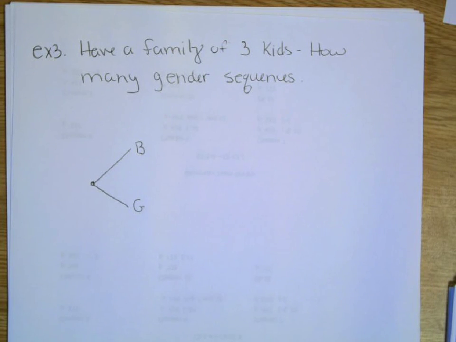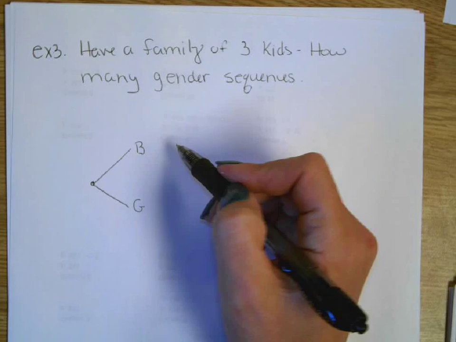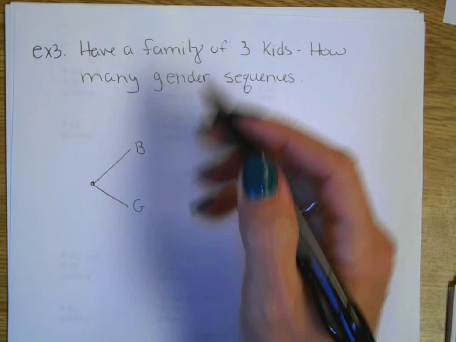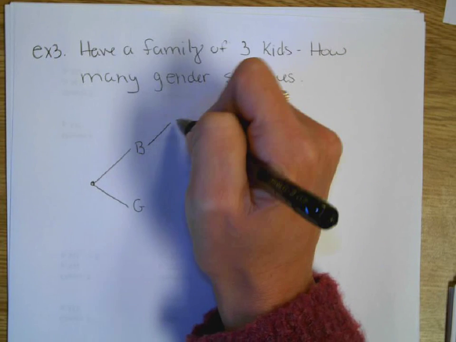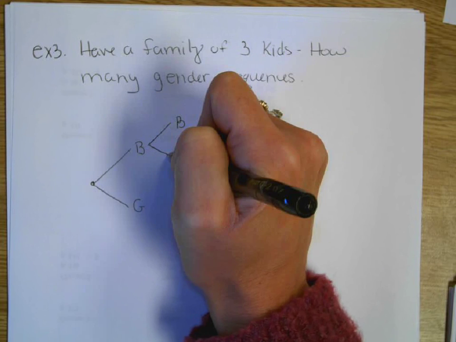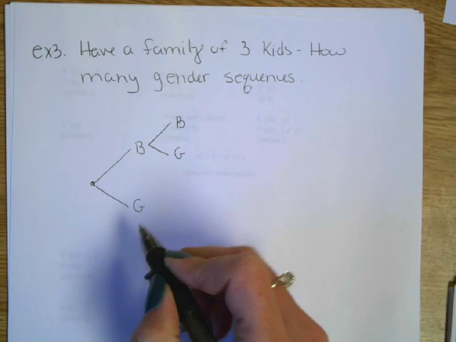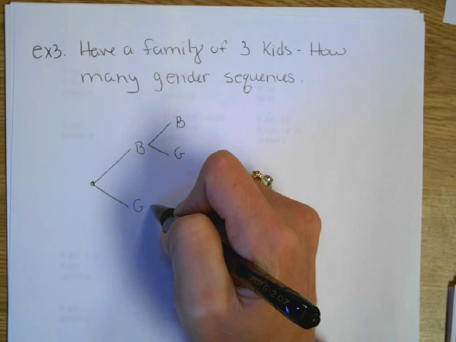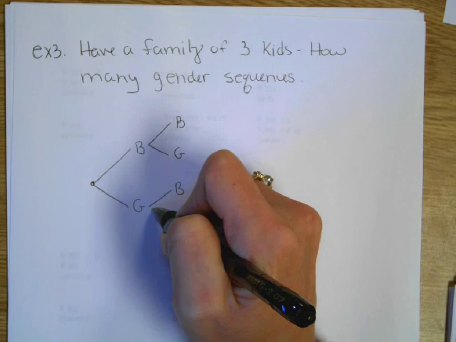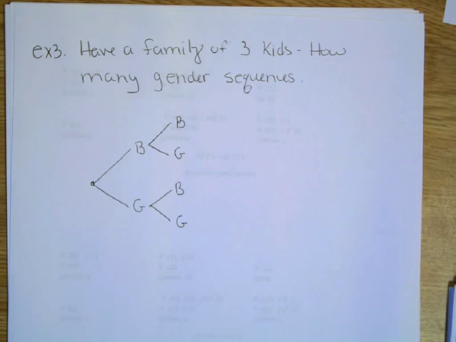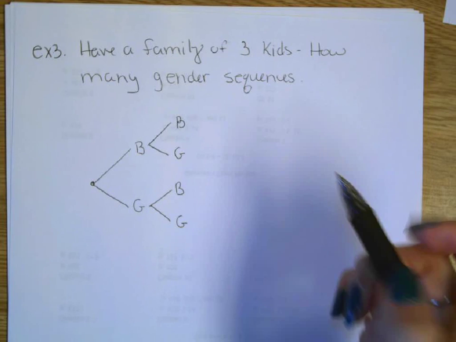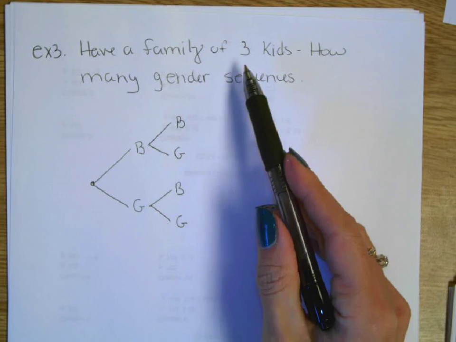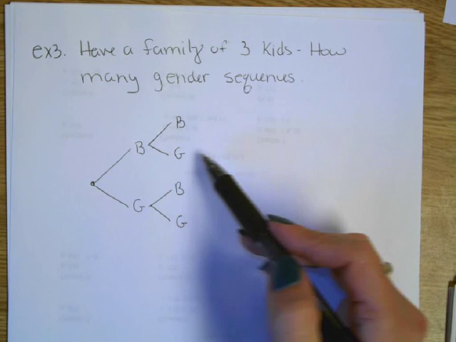Okay? So now we have the second part of the experiment, which is have another child. So if I had a boy first, I still have a second child. I could have a boy or a girl. Or if I had a girl first, I still have my second child. Boy, girl. So right now, if I wanted the gender sequences for having 2 kids, there would be 4 outcomes.